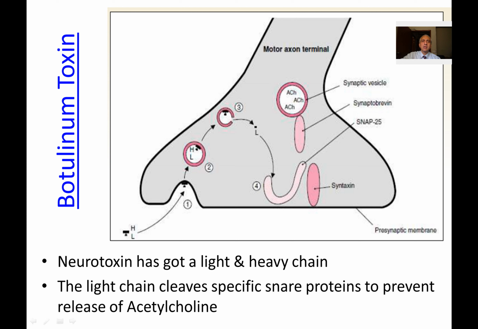Here you can see that this is the molecule and it's got two parts. And this heavy chain is the part which actually binds with the cell membrane, causing it to be internalized as a vesicle inside the nerve ending. Then the light chain is released, and this cleaves specific SNARE proteins to prevent the release of acetylcholine.